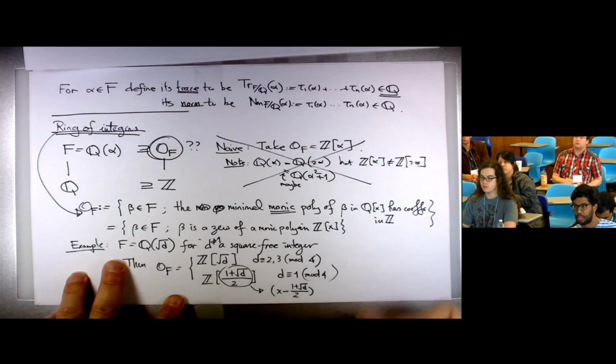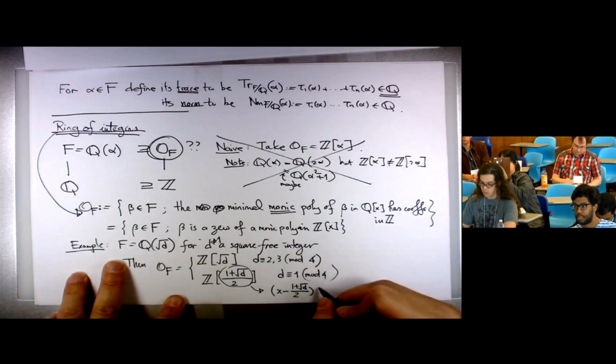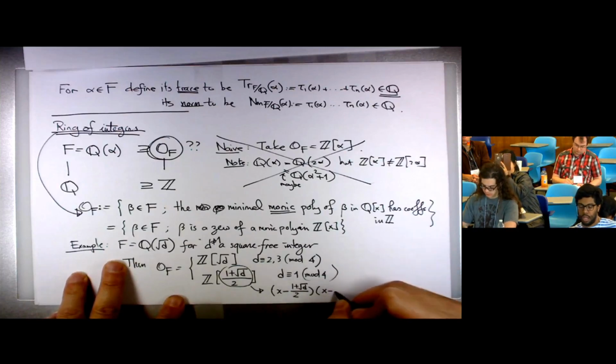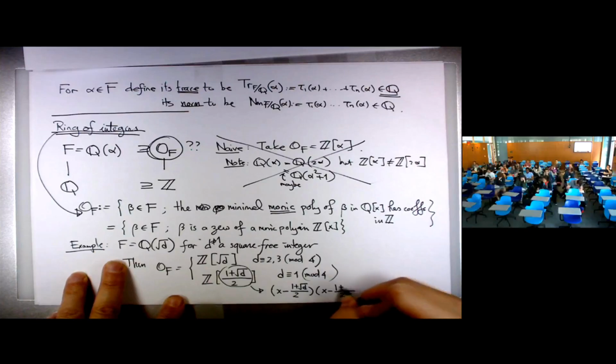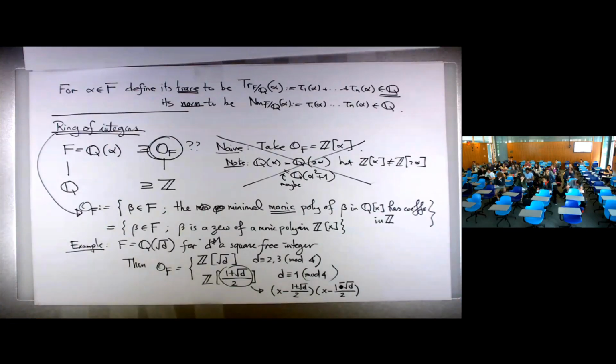But of course, the coefficients are not in Z. What I want to do is multiply, oh excuse me, this should be negative, multiply by some sort of conjugate. If this is negative, this is just really complex conjugation. But if this is positive, it still makes sense to talk about a conjugation in some sense, in the real quadratic field. You just turn the root of D into negative root of D.